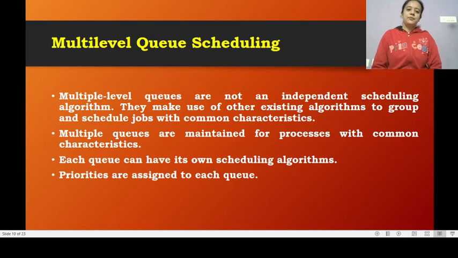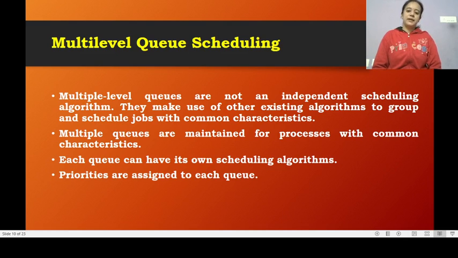Another very important CPU scheduling algorithm is multi-level queue scheduling. According to this, there is more than one queue, and it is not an independent scheduling algorithm. They make use of other existing algorithms to group and schedule jobs with common characteristics. Whichever jobs have a common characteristic will be handled according to multi-level queue scheduling.